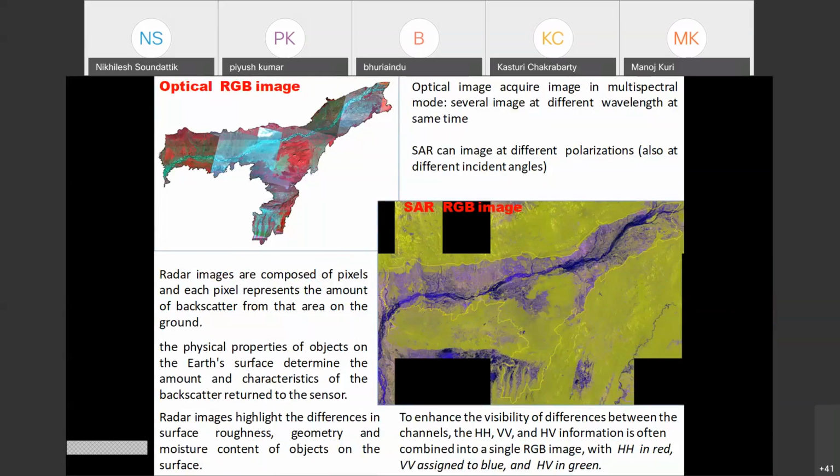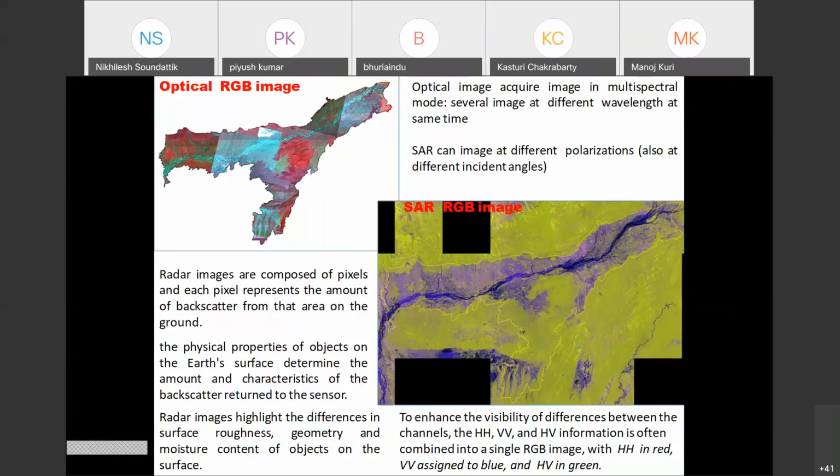When we mosaic such images, due to atmospheric conditions, sun angle, and so on, the optical images are affected. The mosaic is affected by such variations. Of course, there are methods to correct it, but still optical images suffer from such effects.